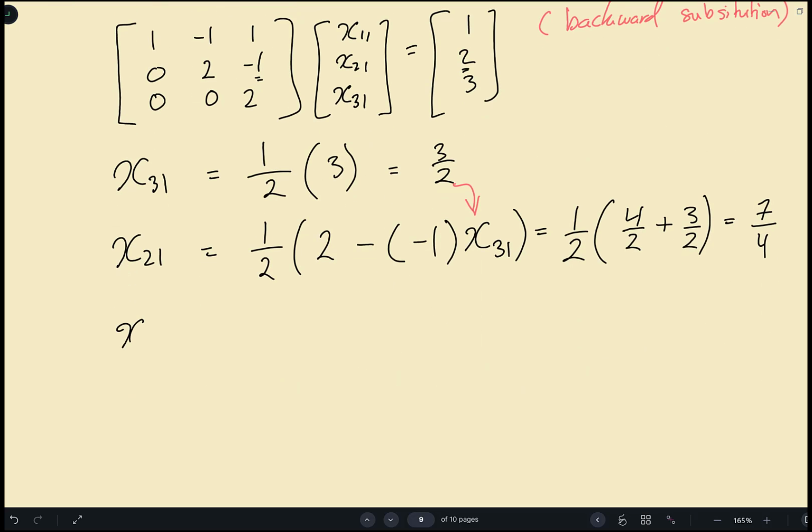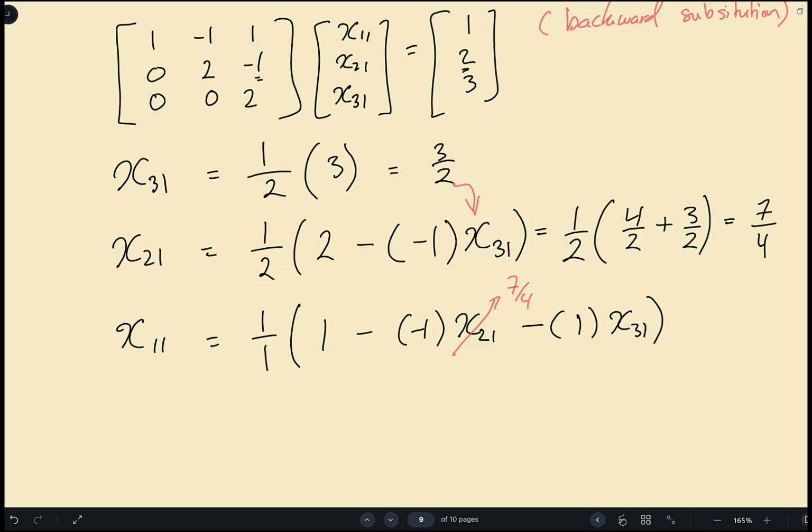And then x11 is going to be 1 over 1, which is the coefficient there. Then we have a 1 here, minus -1 times x21, minus 1 times x31, and this would give us the result. So this here is 7 over 4, and then this here is 3 over 2.